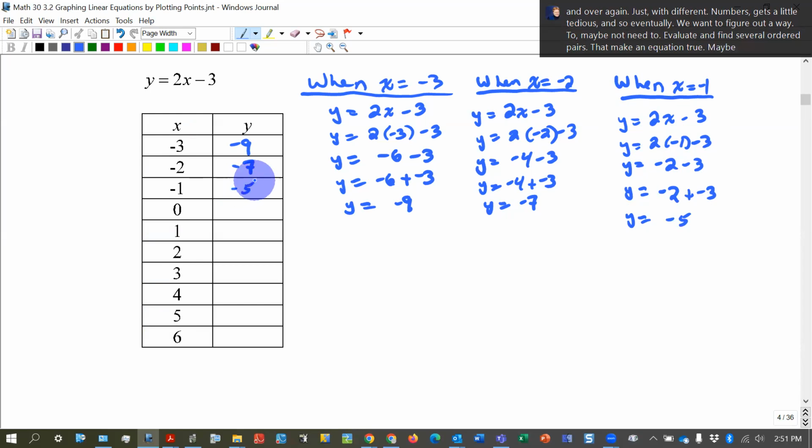Maybe there's a way to know ahead of time what are the smart x values we need to choose, etc.